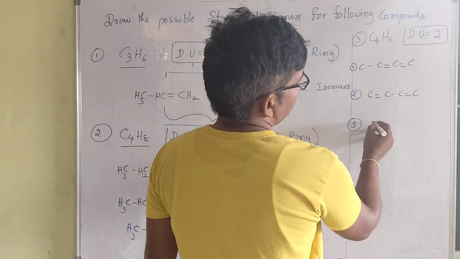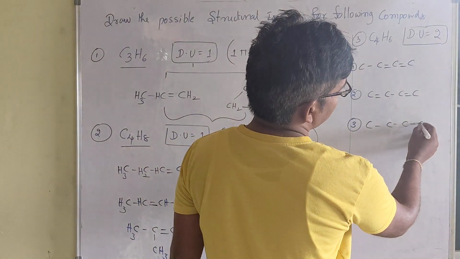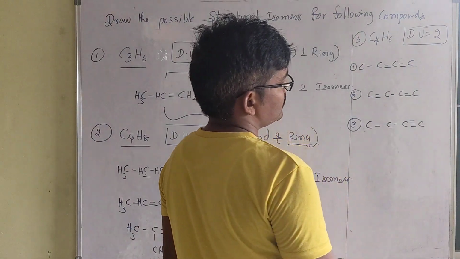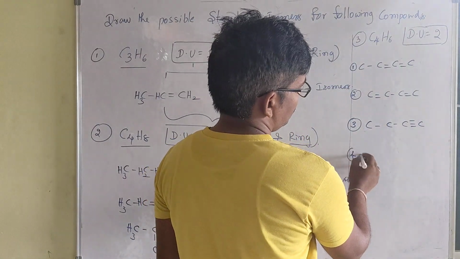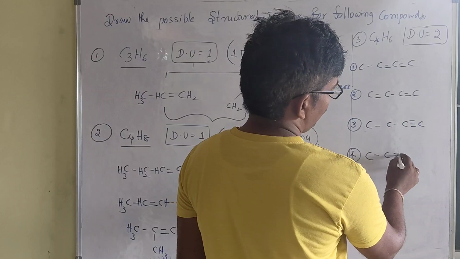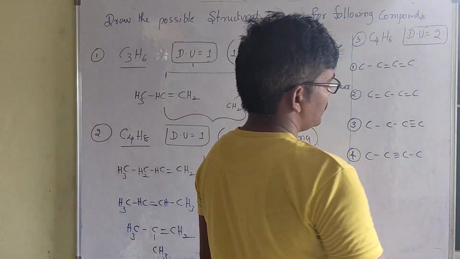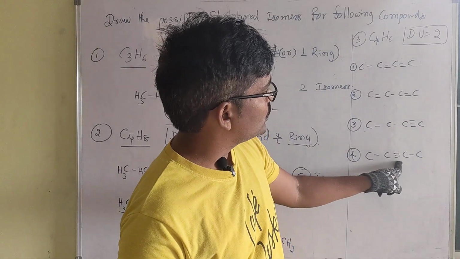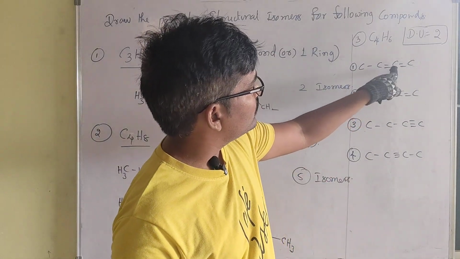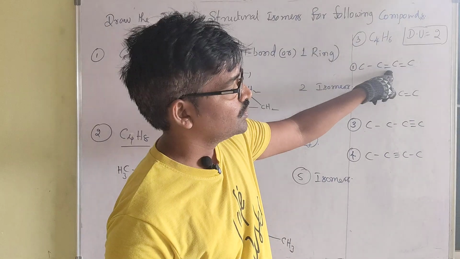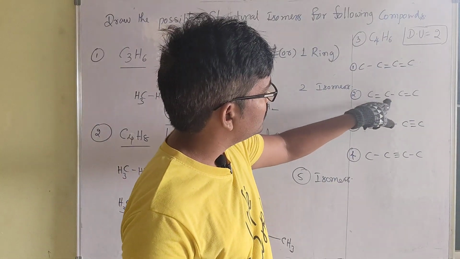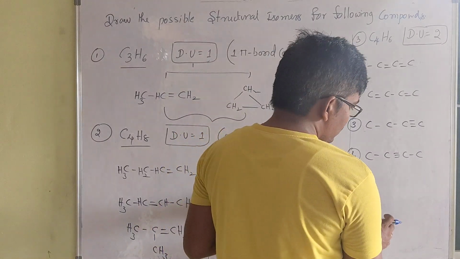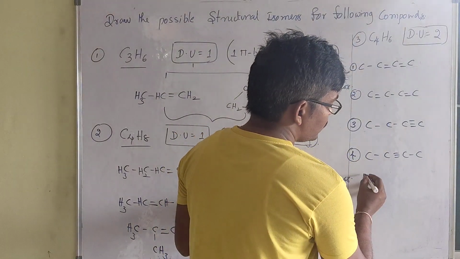Then C bond, C bond, C bond, C. Then place a triple bond, right? Yes, that is also possible. Then fourth one, C bond, C, triple bond, C bond, C. So that is also possible. Okay. So 1-butyne, 2-butyne. Then 1,2-butadiene. Sir, 1,3-butadiene. Like this possible. Then I told that rings are also possible. 2 rings possible in it.